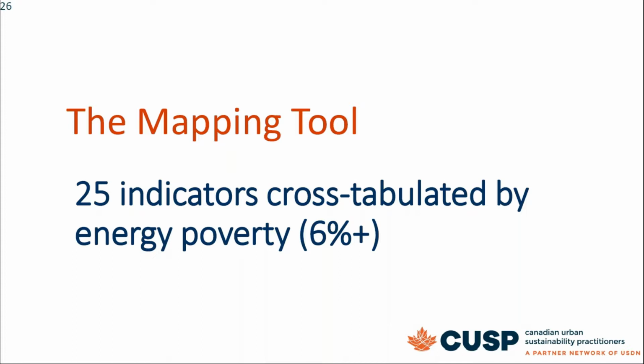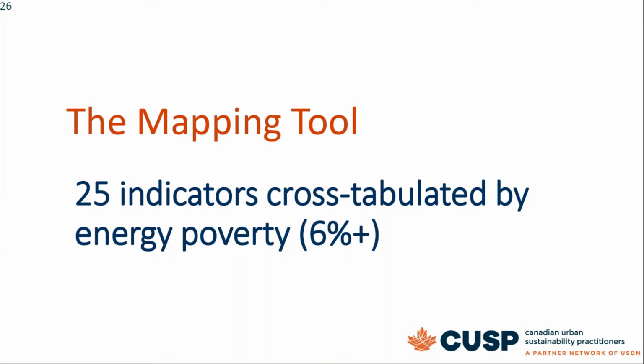In addition, what we know about this neighborhood is that about 12% of households have incomes below the low-income measure. Cross-tabulating allows you to say that we know what percentage of low-income households are facing a high energy burden. So it's a much more specific and powerful indicator. So we're going to have all 25 of our indicators cross-tabulated in the mapping tool in this way.